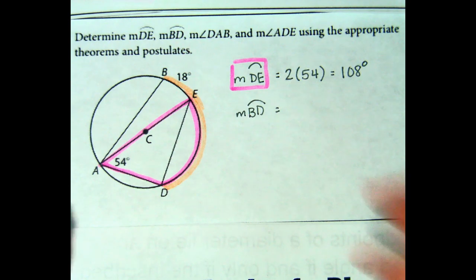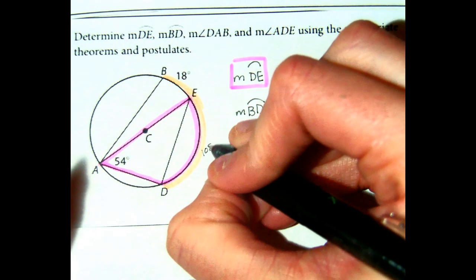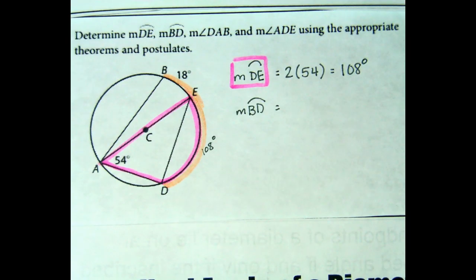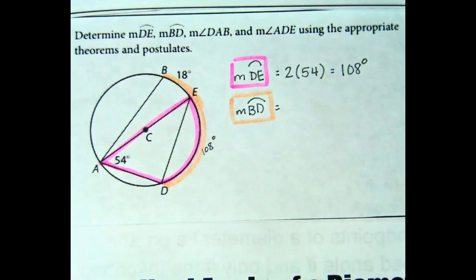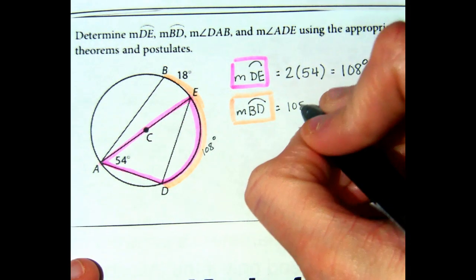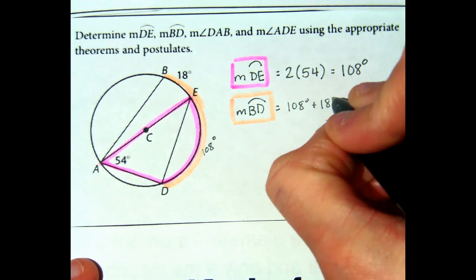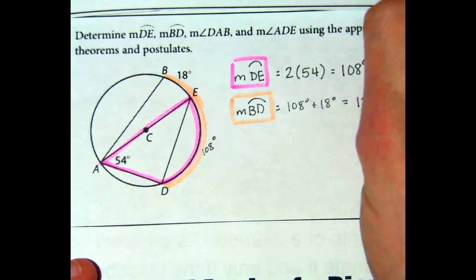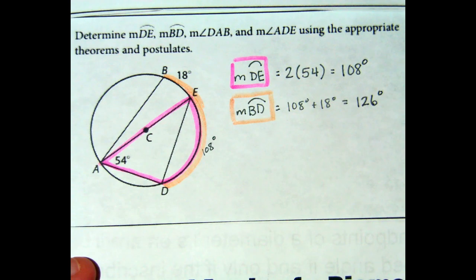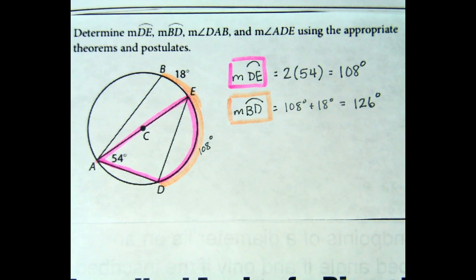And I know that DE is 108. So how am I going to find BD? 108 plus what? And that is? That's the Arc Addition Postulate.